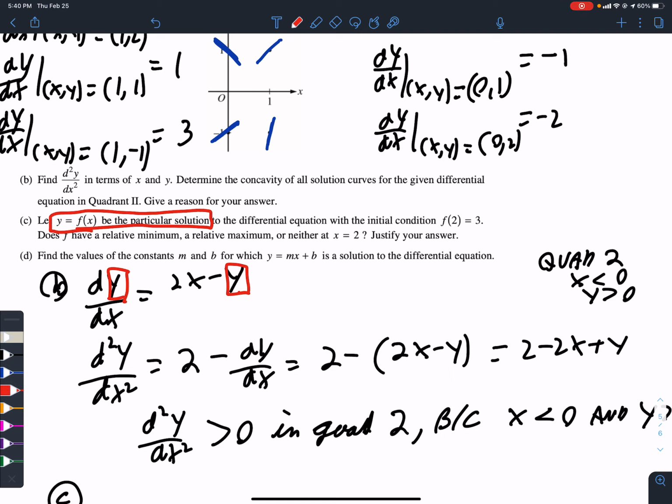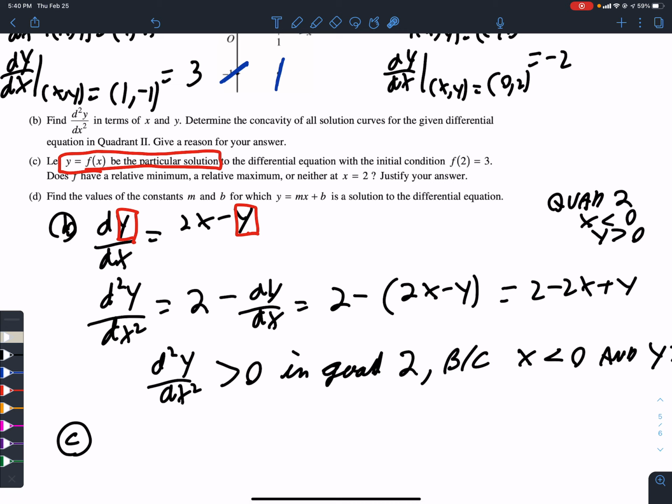Now this is going to throw some of you off because you're going to forget there's two tests for relative min or relative max. One is the first derivative test, where you plug in points left and right of your point. So my point's 2, 3.